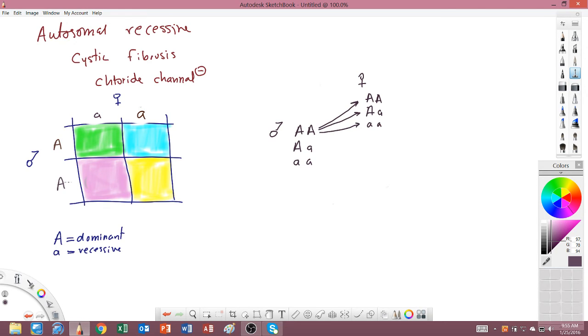In this case, the likelihood of being a carrier is 100%. Everybody's a carrier. Nobody has a disease. At the end, we should have some rules for autosomal recessive diseases. So that's one possibility.